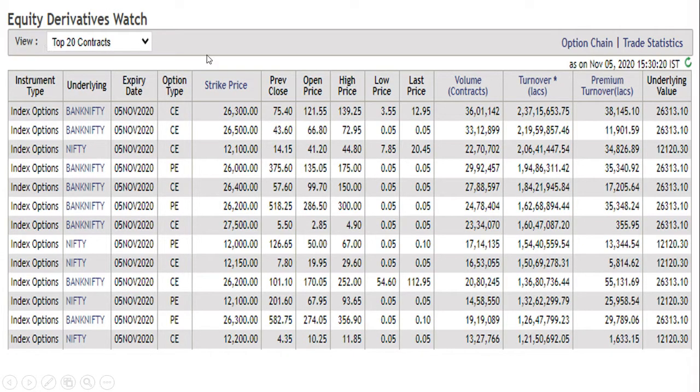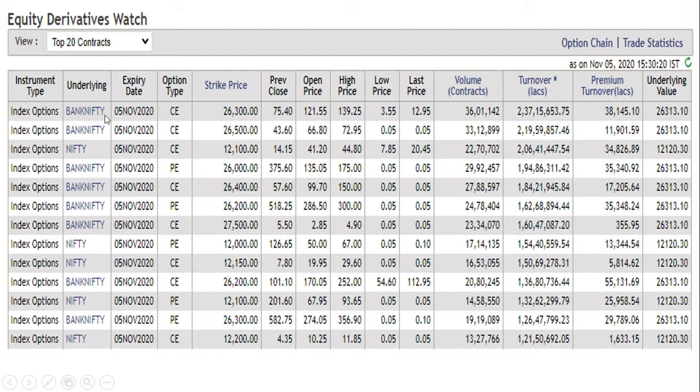Now in equity derivatives, in option chain, mostly the volume in the Bank Nifty and Nifty is highest. See the turnover and see the volume. Mostly you will find Bank Nifty is the most volatile because of RBI's monetary policy. Every 2 months there will be participants in the market eagerly waiting for the Bank Nifty to change.